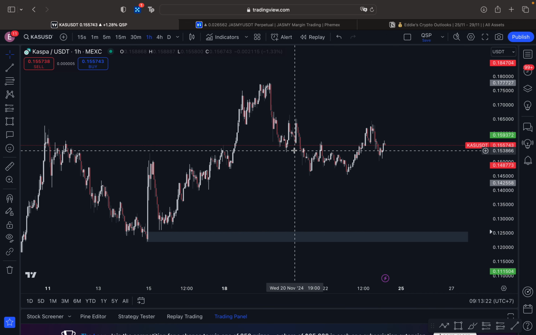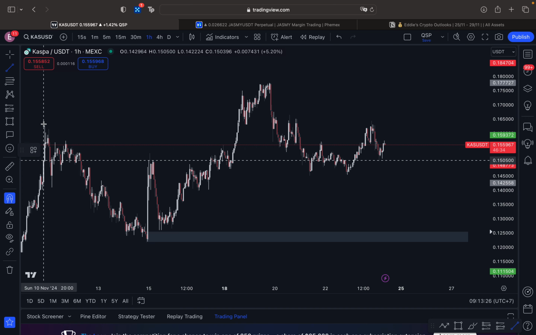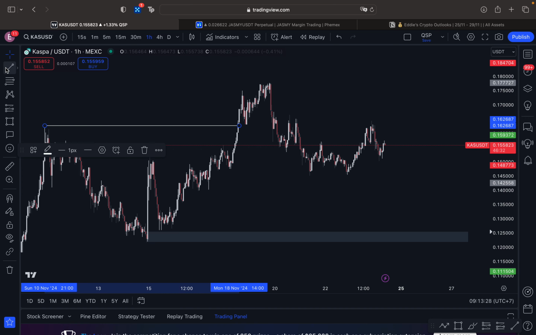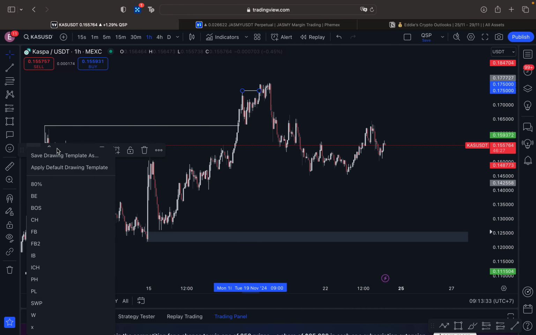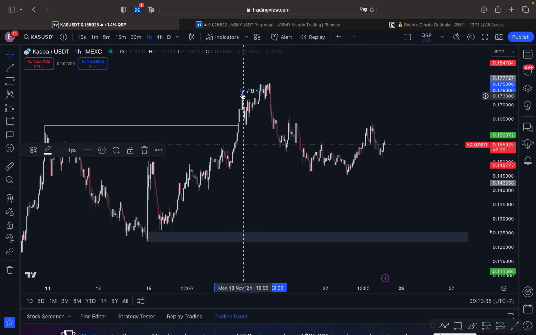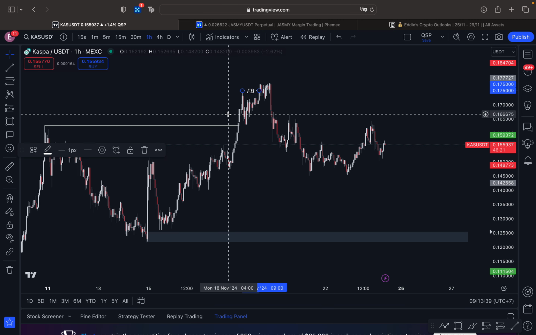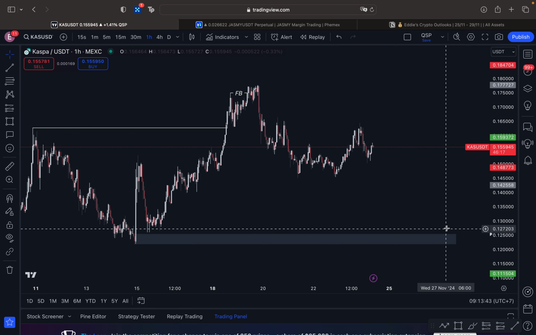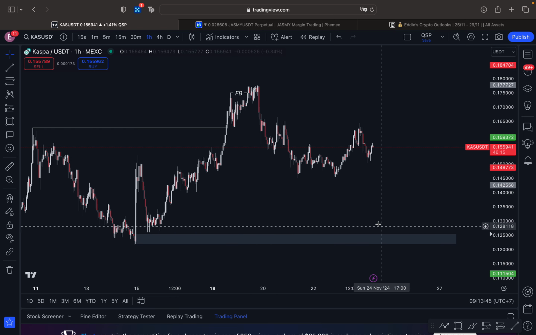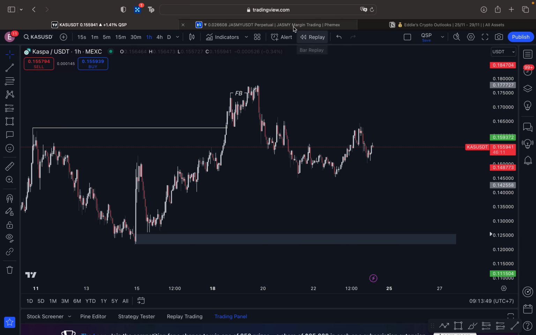I'm not really seeing much here. All I see is an external F-boss, but the F-boss is not something I really consider a structure break. It's just some line. It's not really an area of liquidity. So in my case scenario, I don't really see this as a trade yet. I will set an alert here in case price wants to do a 1 minute shock F-boss or a crazy confirmation. But I'm just going to leave that there.